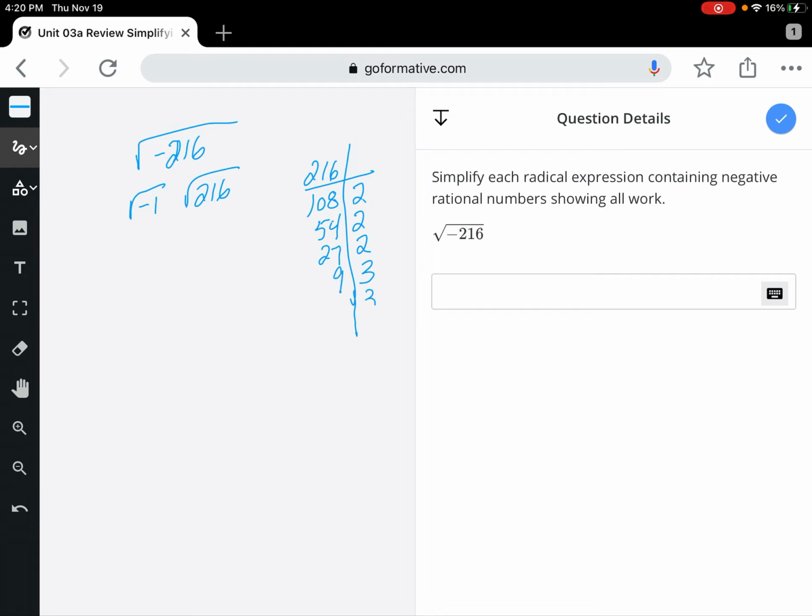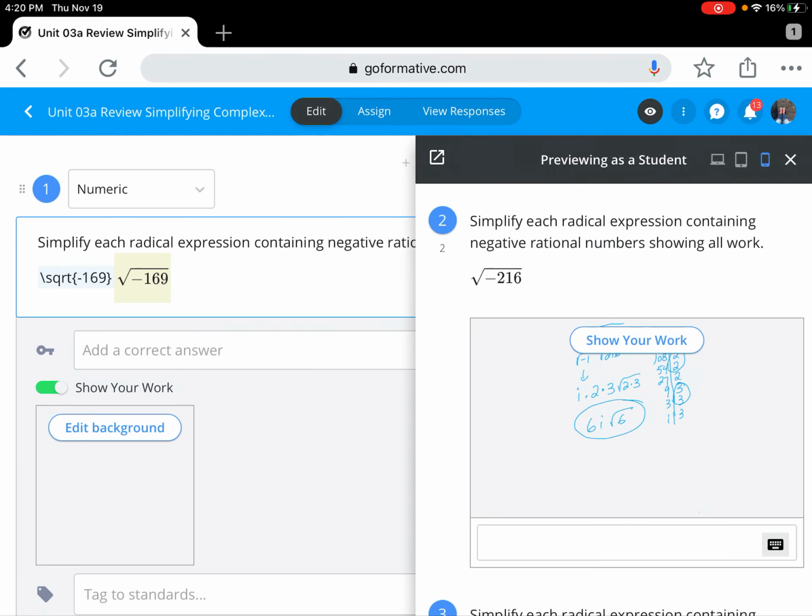I can divide by 3 times 9, which is 3 times 3, which is 3 times 1. A pair of 2's, a pair of 3's. So I know this becomes an i. I can take out a pair of 2's, I can take out a 3, and a 2 and a 3 are left inside. My answer is 6i radical 6.